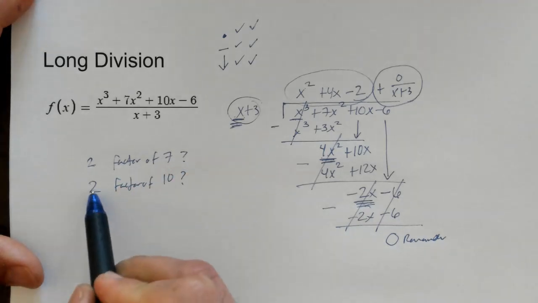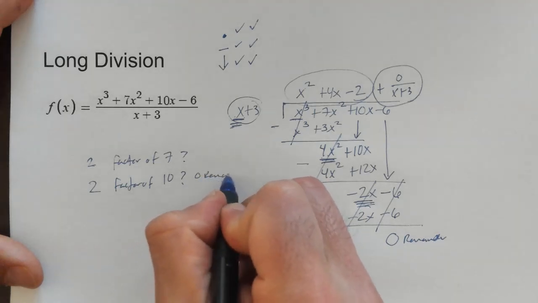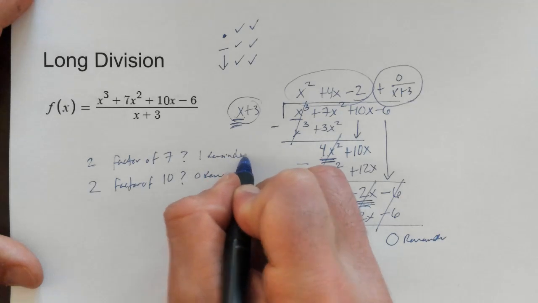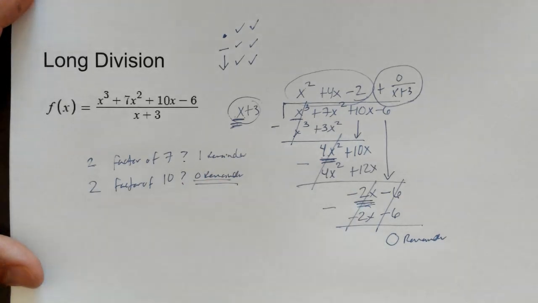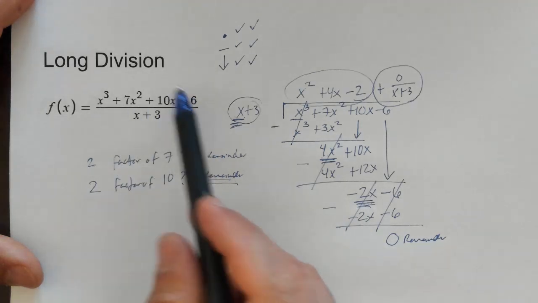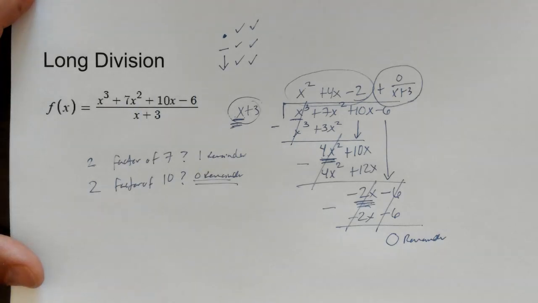Yeah, it fits evenly into 10, so you have 0 as a remainder versus 1 as a remainder. When you have 0 as a remainder, it means that it fits perfectly as a factor of the number. So since x plus 3 fits in perfectly up here, x plus 3 is a factor of this cubic polynomial.